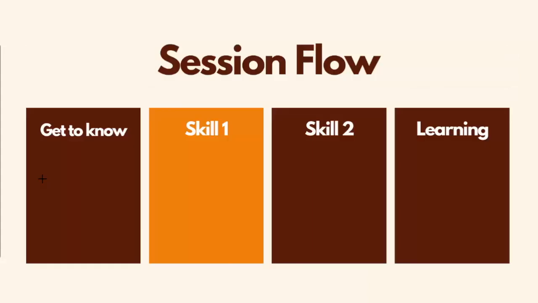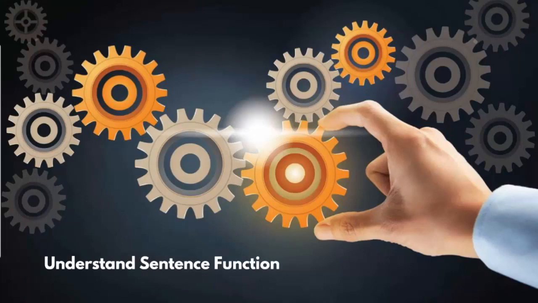This first skill that is needed, therefore, is to understand what I'm going to call a sentence function. What is the role of a particular sentence? Every sentence is being created for a particular role, and we discussed this when we dealt with passages.